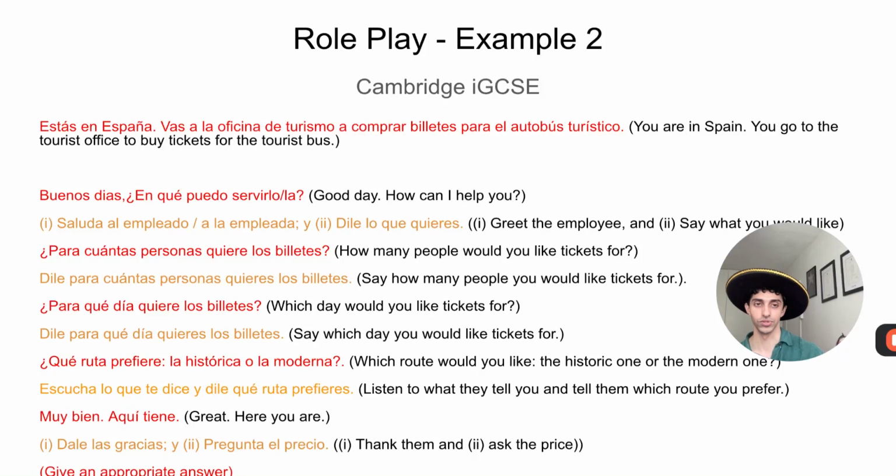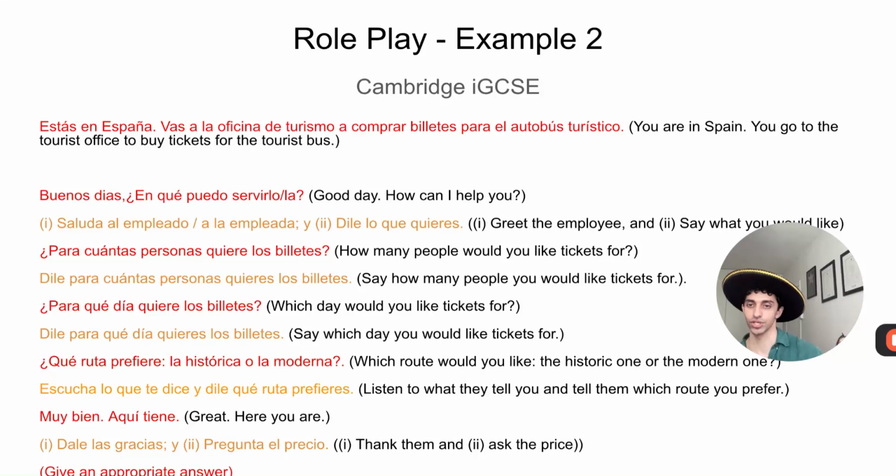Here, you're talking to a stranger, and so you'd have to adjust the language and use the usted form, as required too. In orange here, we have everything that would be written out on the candidate's role play card. So all of the information that you'd be given in your preparation time.